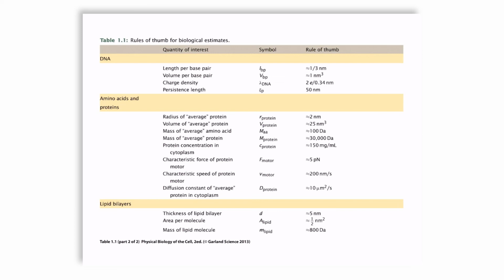And persistence length, something we will talk about later, is 50 nanometers. 50 nanometers translates to around 150 base pairs in terms of persistence length.